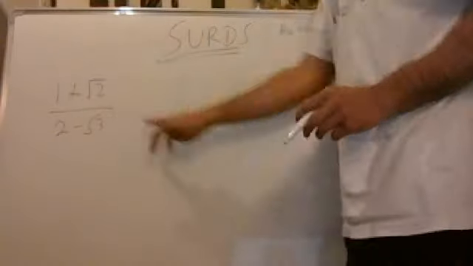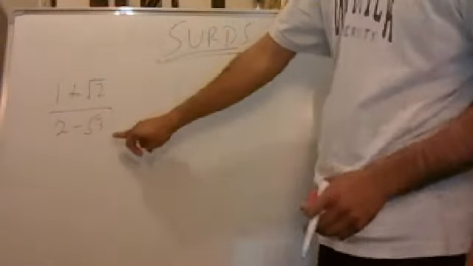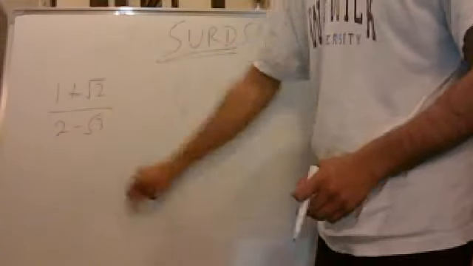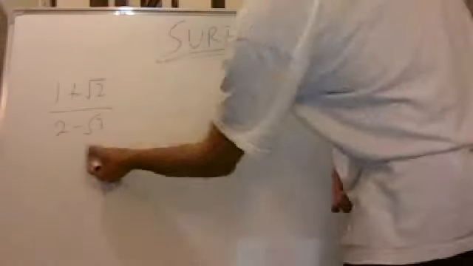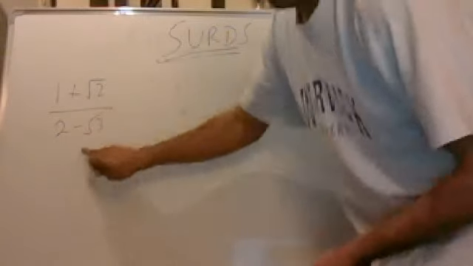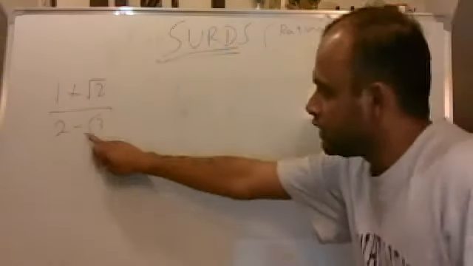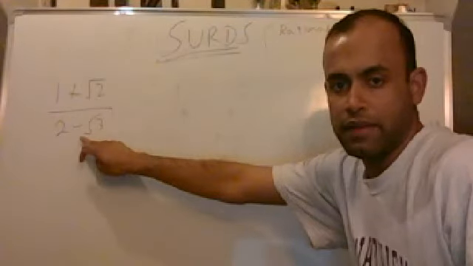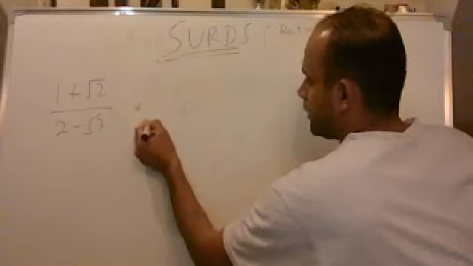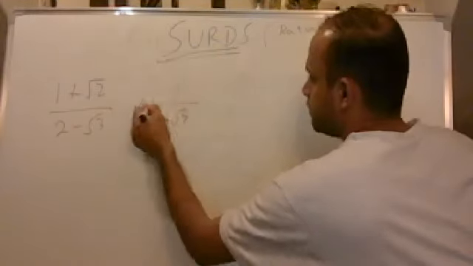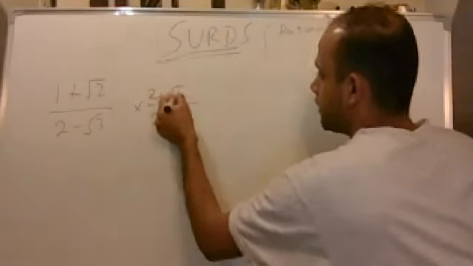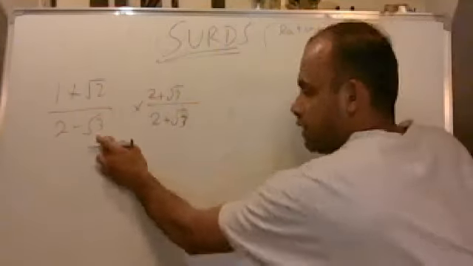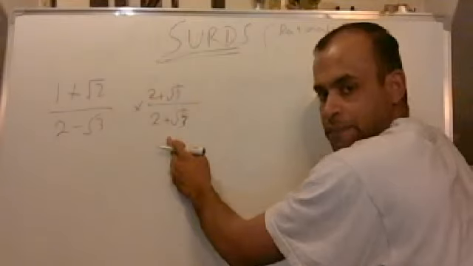So when you get a question like this, now in order to get rid of the surds at the denominator, what you need to do, you need to multiply and get rid of these roots, and the only way to do that is by multiplying by the opposite of this sign here. So what I mean by that is multiplying by 2 plus root 3 at the bottom and the same thing at the top. If you look at this and this here, so you've got 2 minus root 3 here and 2 plus root 3 here.